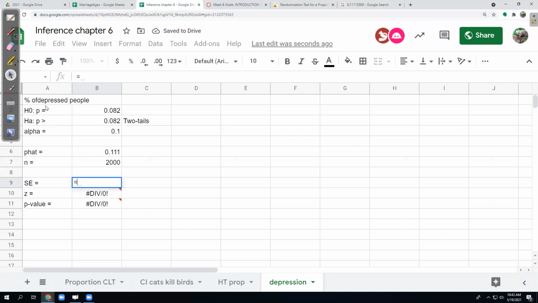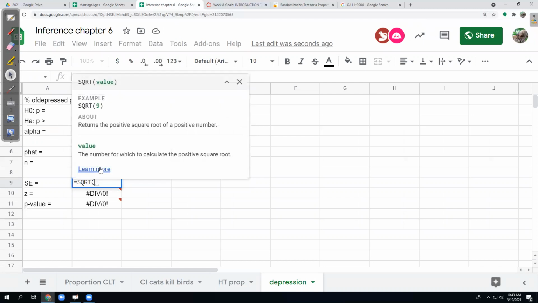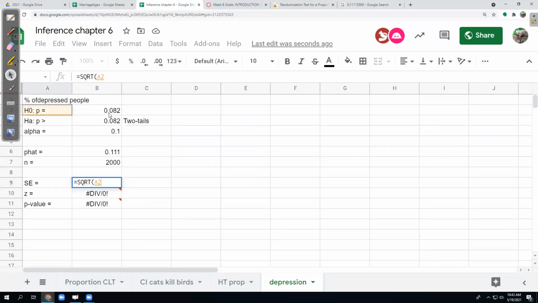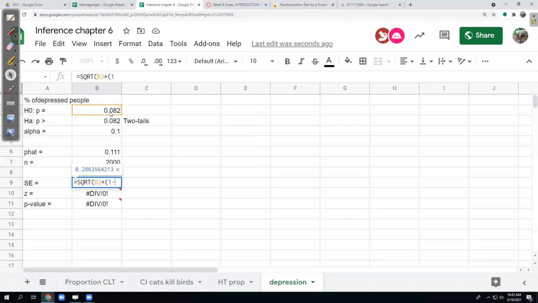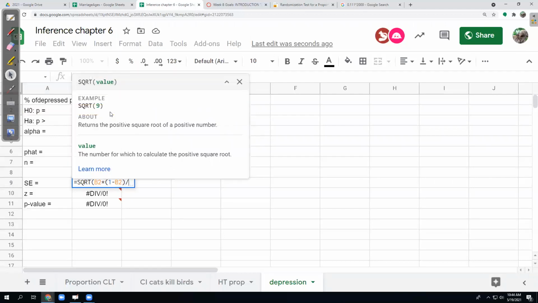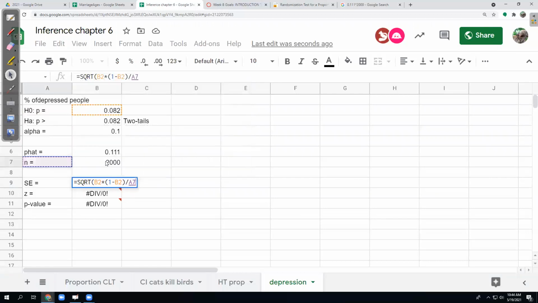So it's a square root, right? So SQRT says find the positive square root. And then my numerator is, this is a hypothesis test. It's based on the null value. So it's P times parentheses 1 minus P, close the root, and then divide by the sample size here, and then close the square root.